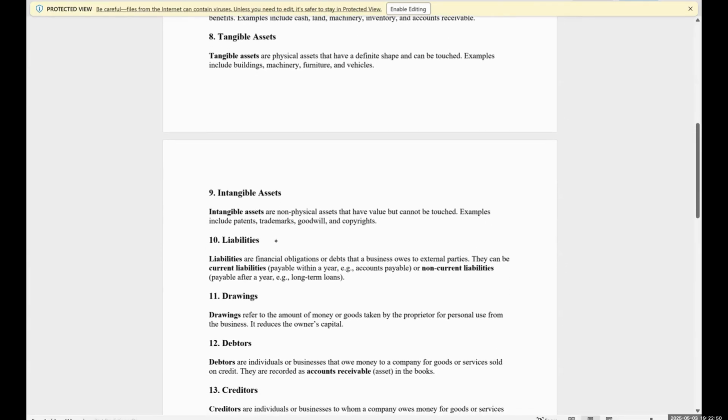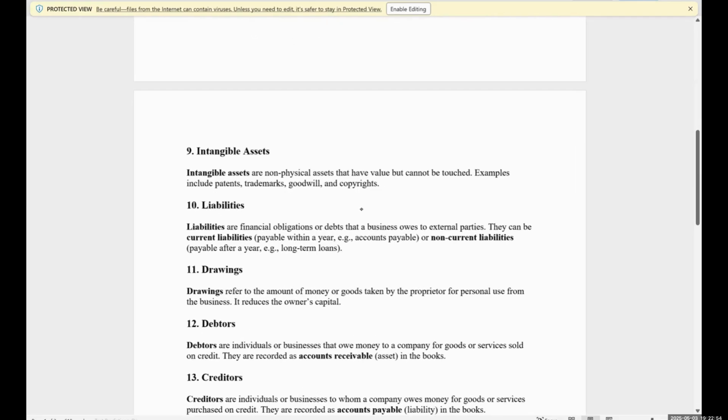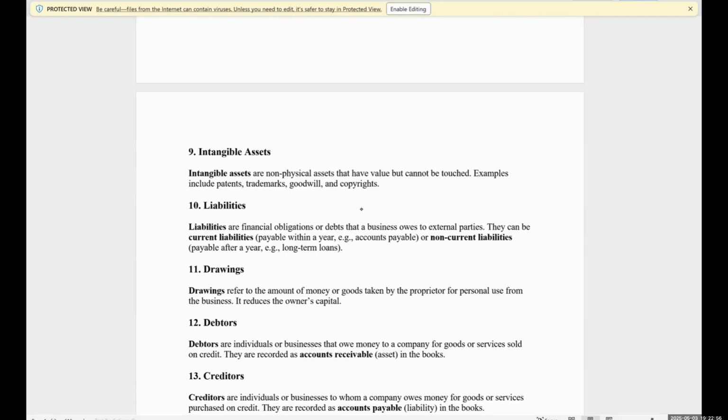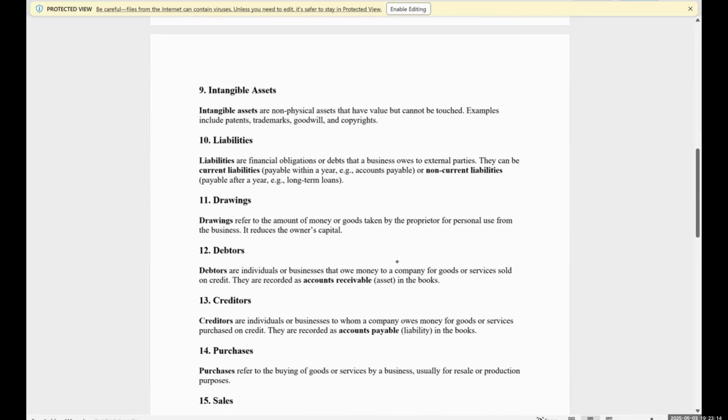And next one, liabilities means loans. Usually we say, I took a home loan, I took a personal loan, I took a vehicle loan and all. So in general, we talk like, I'm taking this loan, I'm taking that loan. But in accountancy, the same loan we call it as liability. And next one, drawings.